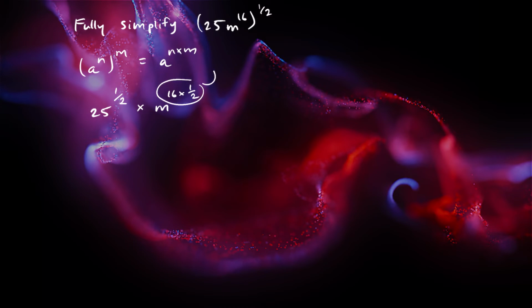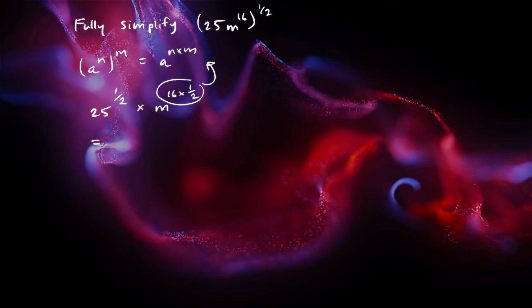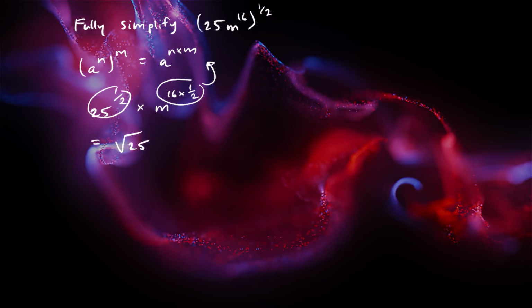So this here is this rule applied. Now what's 25 raised to the power of 1/2? Well, 25 raised to the power of 1/2 is the same as the root of 25, if you remember that exponent rule.